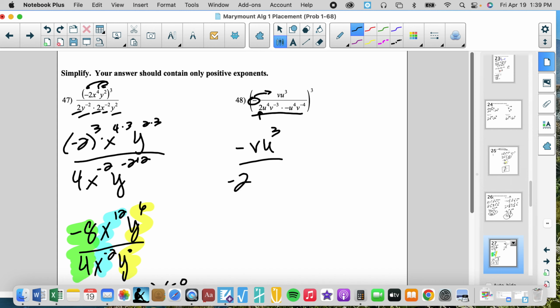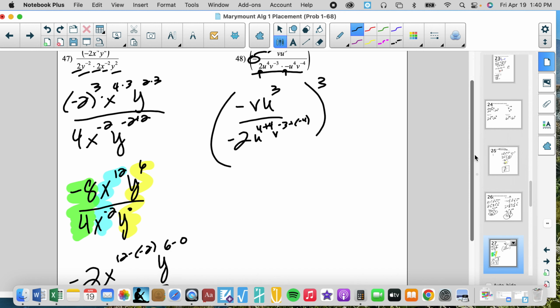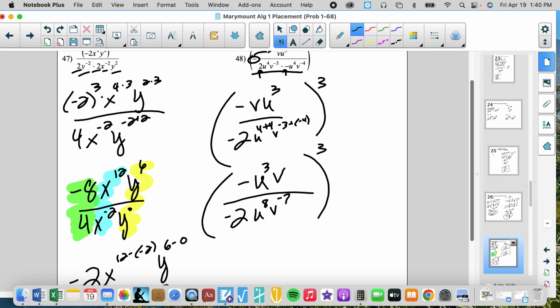We have coefficients. We have u to the 4th plus 4, and v to the negative 3 plus negative 4, all being cubed. So keeping track, I'm going to go alphabetical order. That is negative 2 u to the 8th, v to the negative 7, cubed.